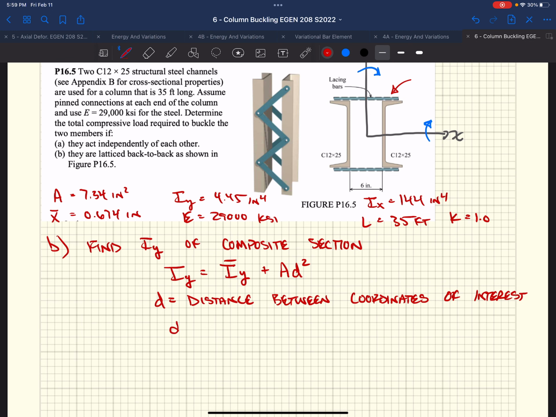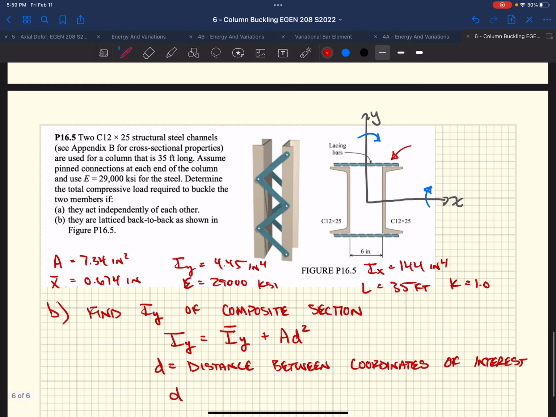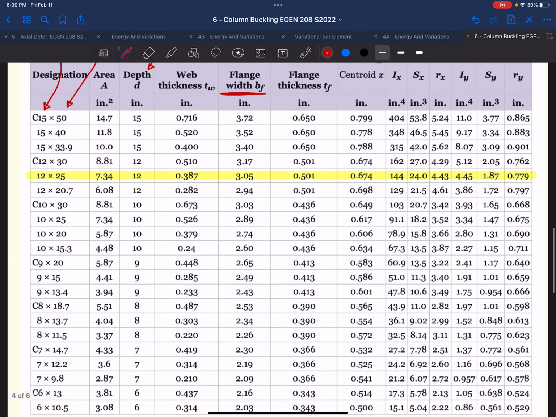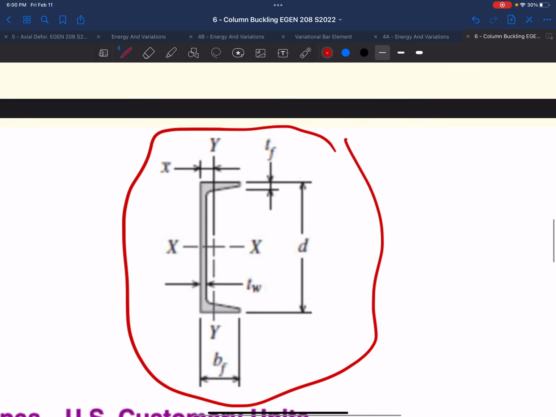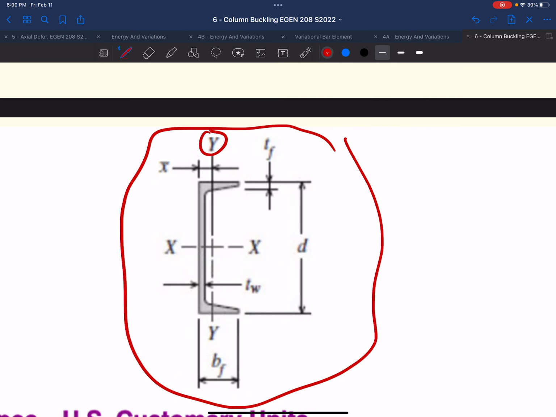Right. So D, if we go back up there, originally our centroidal axis of our channels was sitting right here. This would be X bar, Y bar. And if we go back to our cross section, they give us this big Y and big X. Well, that means this is our centroid location of our channel.